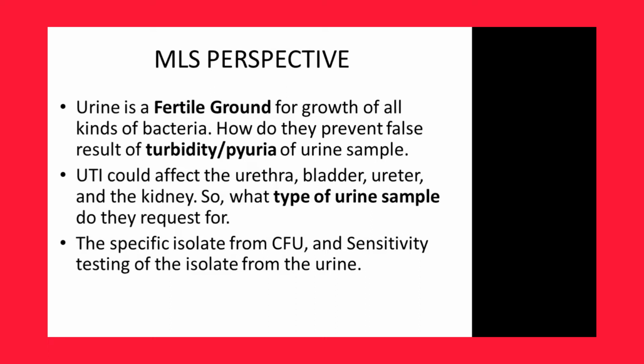But when you have not done it very well, that is, you didn't collect the midstream urine, there is a special count. We are looking for a minimum of 10 to the power 5 organisms when we do the culture, to say yes, this colony forming unit is significant and it's causing the problem.